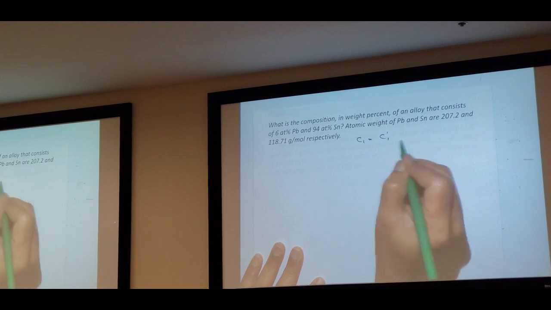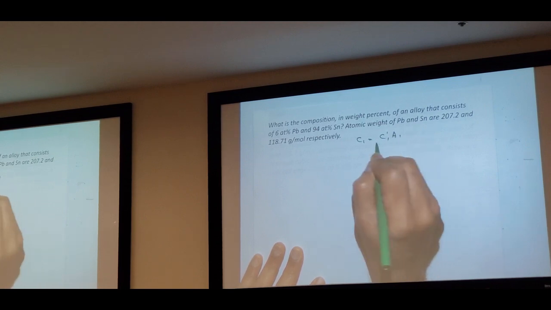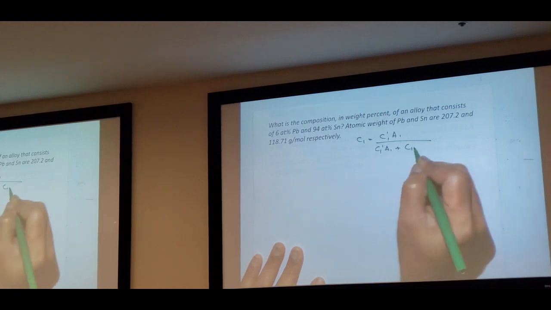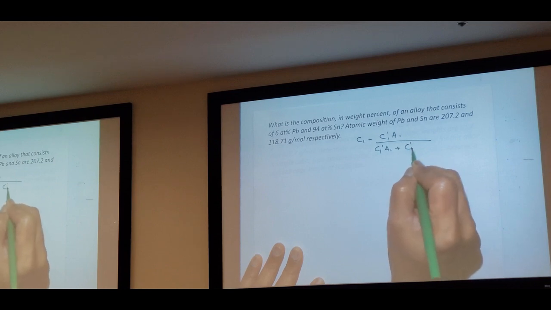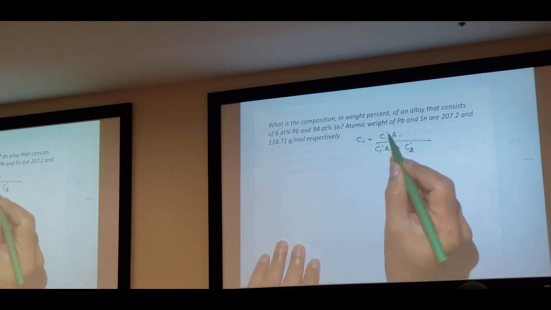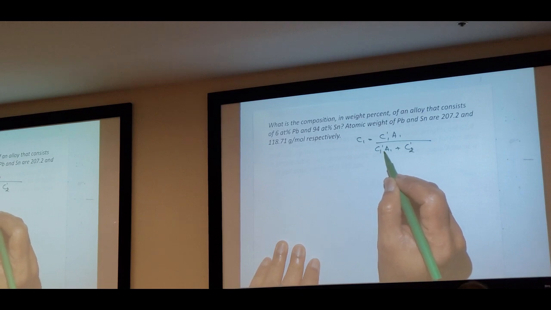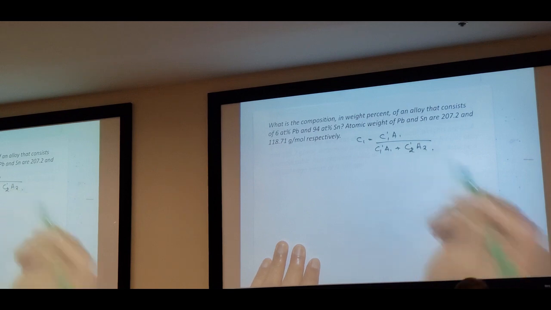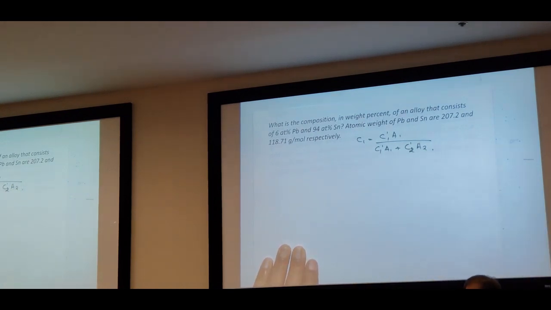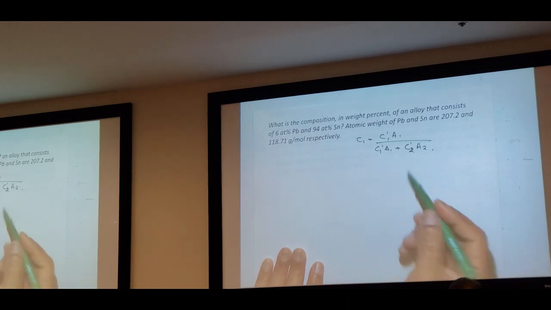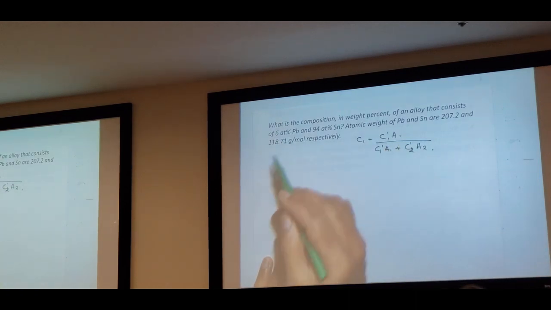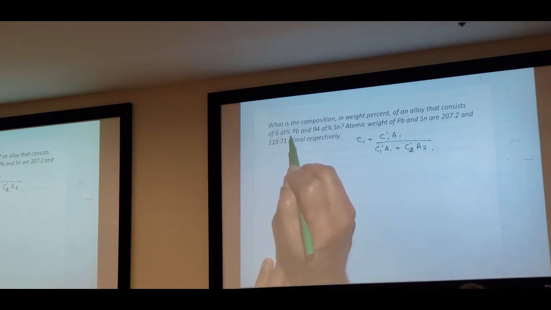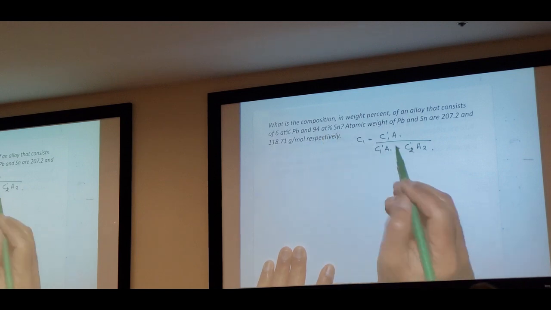C1 prime A1 over C1 prime A1 plus C2 prime A2. And just substitute the values. Very straightforward question, so you can do it. You have all the atom percent here: an alloy consists of 6 atom percent of lead and 94 atom percent tin.